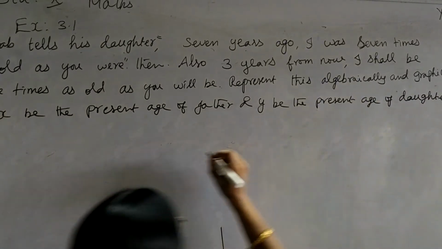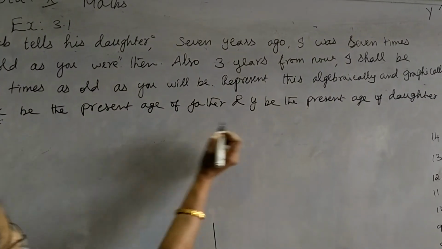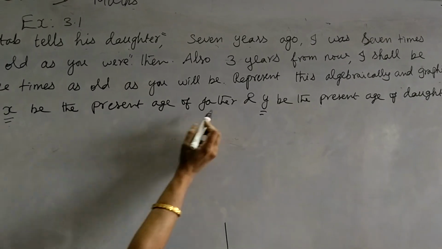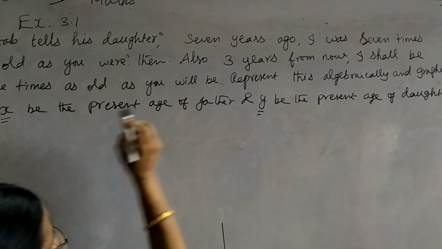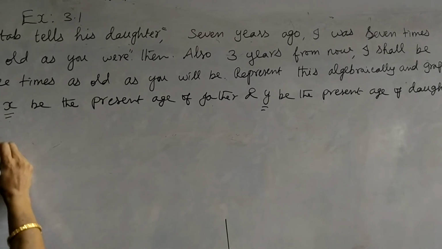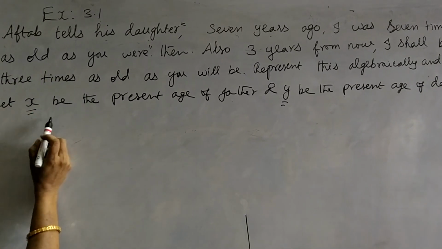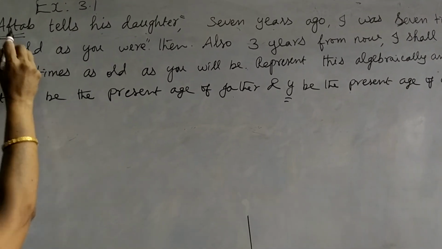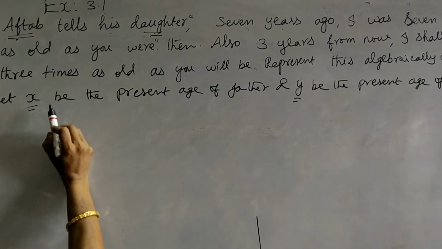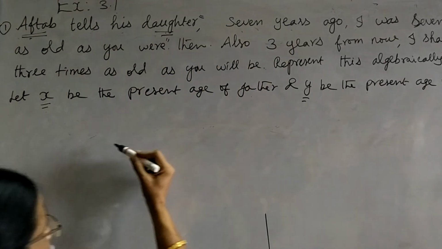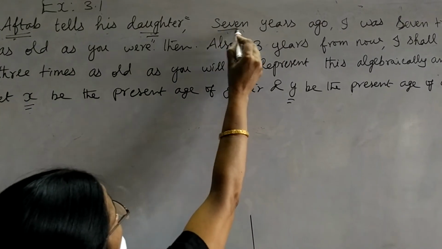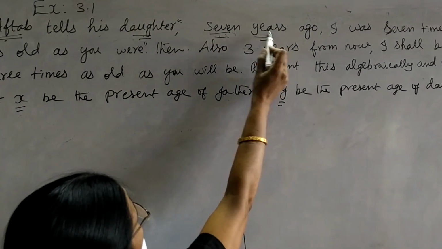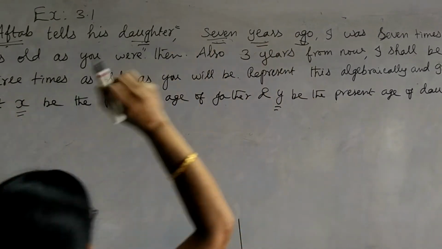So we have the present ages x and y. We should understand who is talking to whom. Avtar, the father, is talking to his daughter. 7 years ago, first we should find out the ages before 7 years.